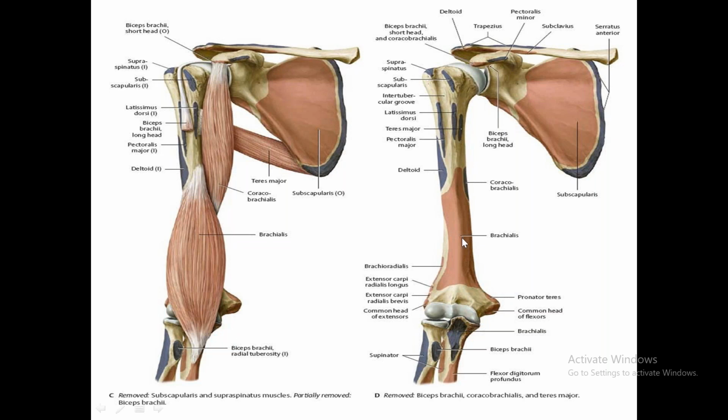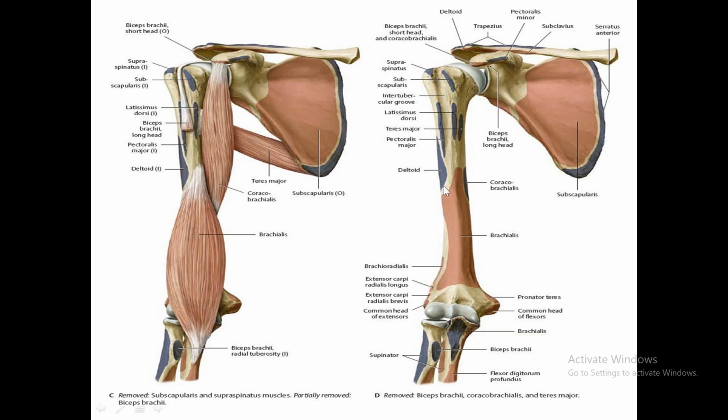Biceps brachii is inserted on the radial tuberosity, and it is supplied by musculocutaneous nerve, though it is a muscle of the anterior compartment of the arm, and it causes supination of the forearm. It is a powerful supinator of the forearm. Though it is a muscle of the flexor compartment, at first it causes supination of the forearm, then it causes flexion of the elbow joint.